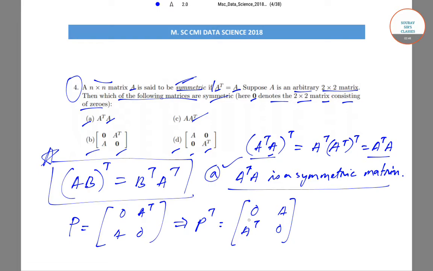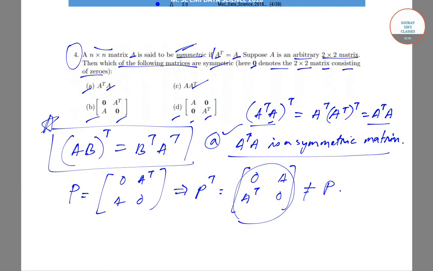As you can see, this matrix is not equal to the matrix P. Therefore P is not symmetric, which means option B is incorrect.